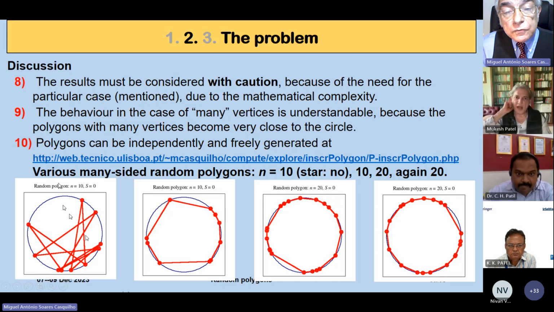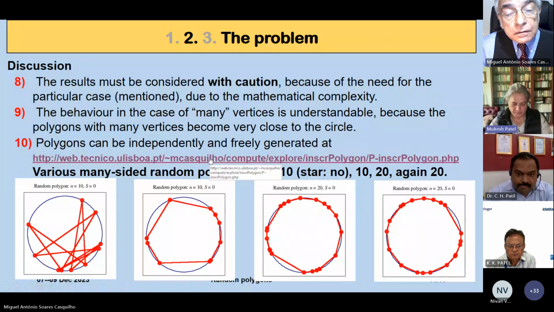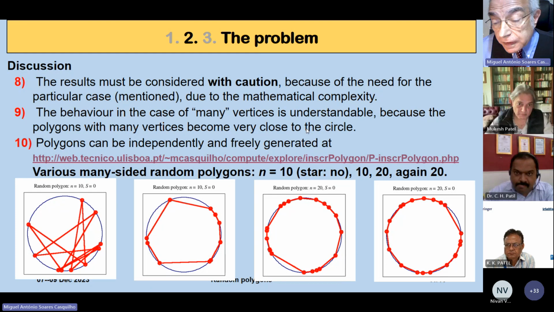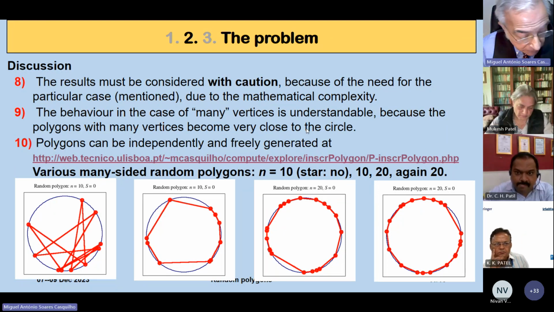If you want to play with my polygons, you can do it. And of course, if they are just random, you sometimes have star polygons. Everything I do, I offer to everybody.